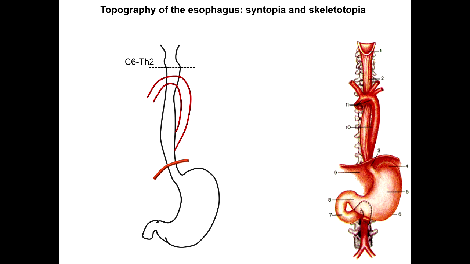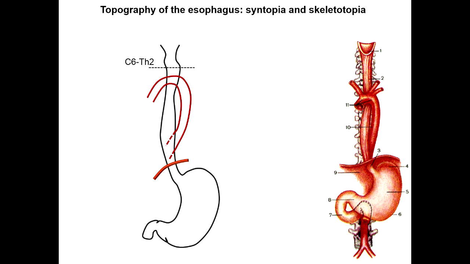So the esophagus is located posteriorly to arcus aorta. And then aorta descendens is situated on the left side of the esophagus.